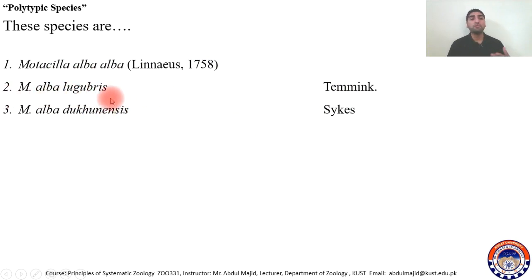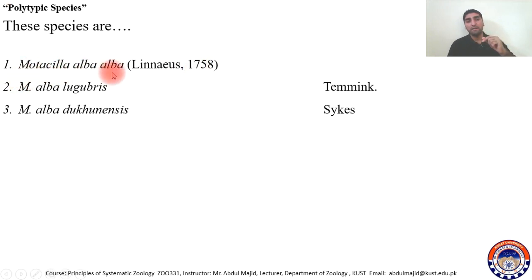Maybe these were first identified as different species. But when scientists found that these are subpopulations, Motacilla alba was kept as the main species because it was identified first by Linnaeus.